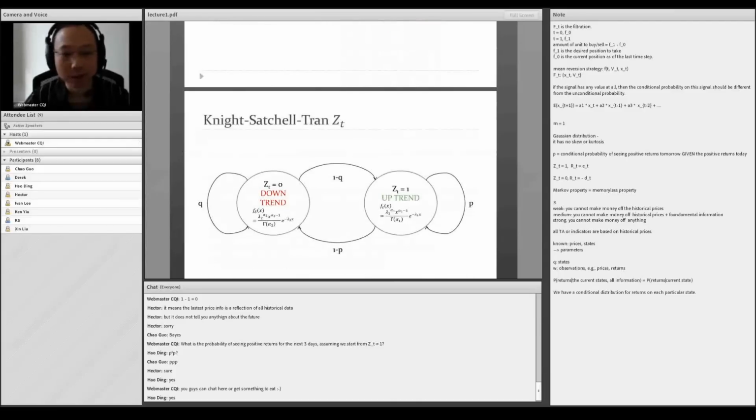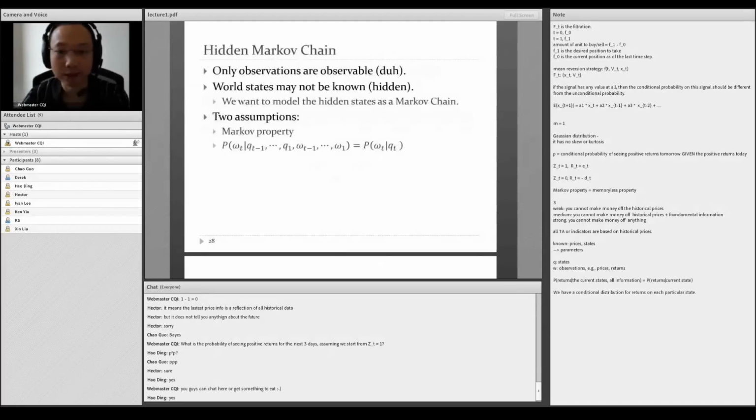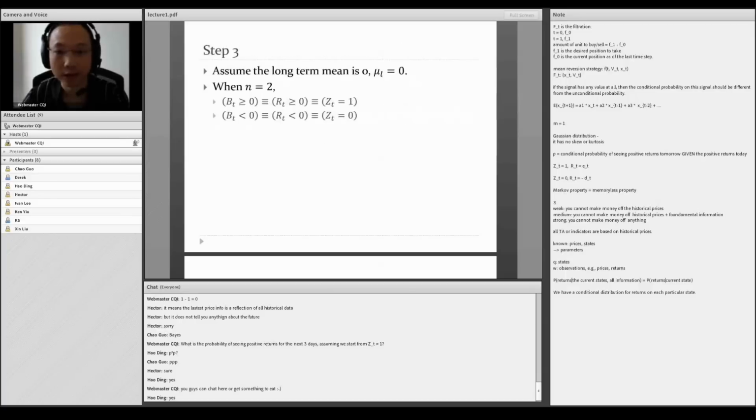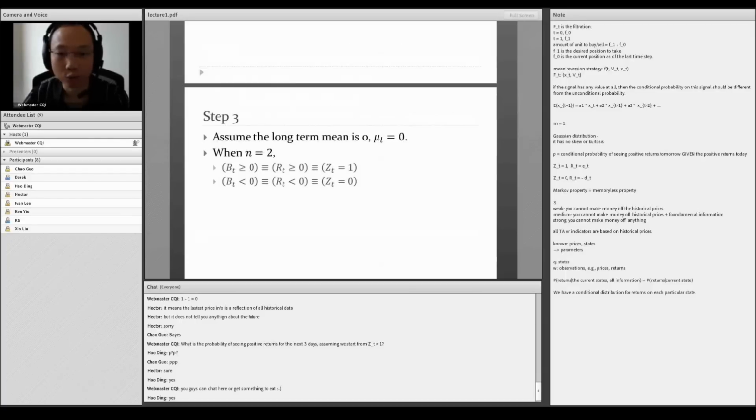And when R_t is negative, we are in this state. So all these three statements are equivalent when n equals 2: R_t is positive, we buy, and we are in the positive state. Likewise, when n equals 2, R_t negative, we short, and we are in the negative state. Okay, Z_t equals 0.